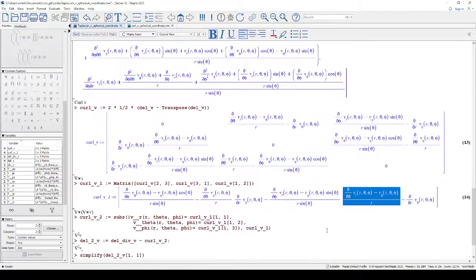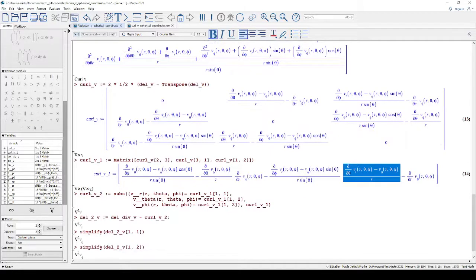So you can see them here. Then I have the curl of curl V. So I use this curl V2. So this is curl V1, and this is curl V2. So this is the curl of the curl V, but this one is just curl V in the vector form.